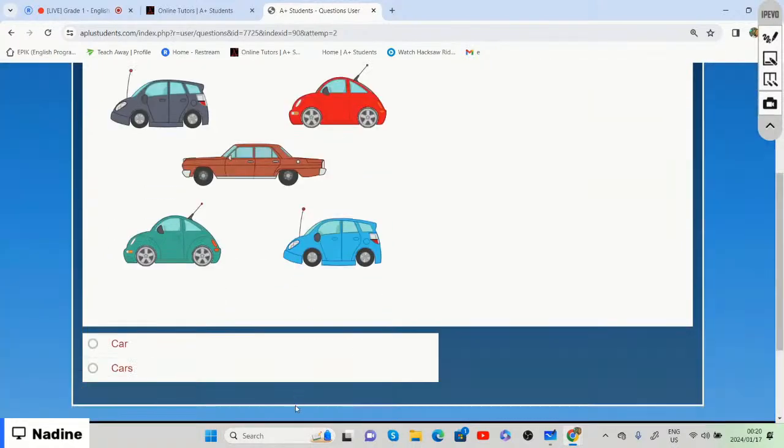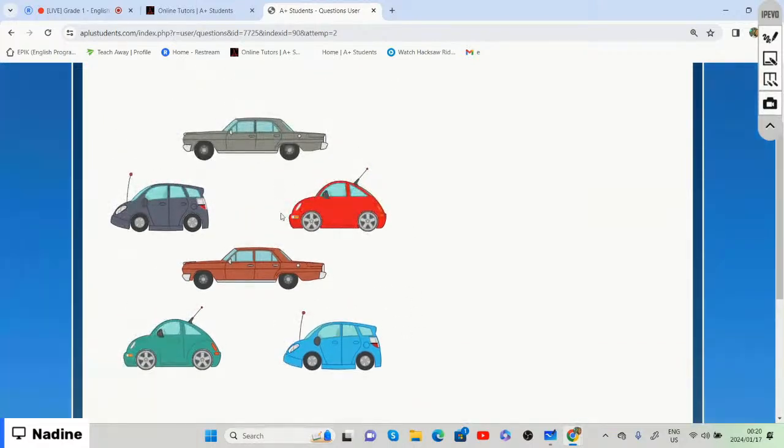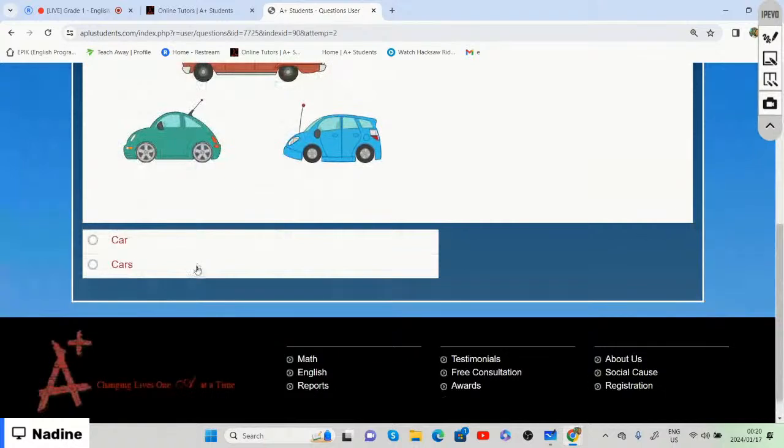So there's 1, 2, 3, 4, 5, 6. So 6, do we say 6 car or do we say 6 cars?